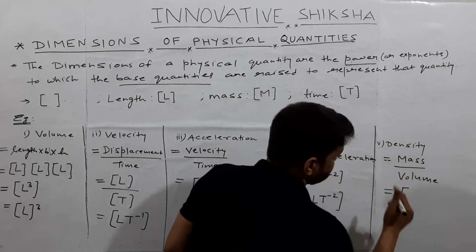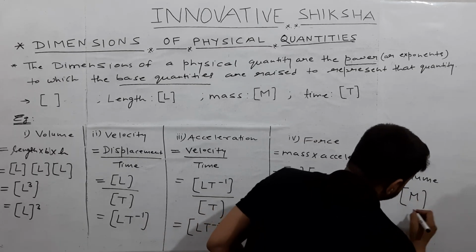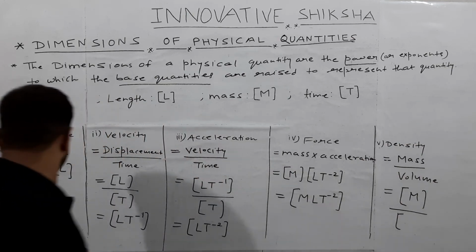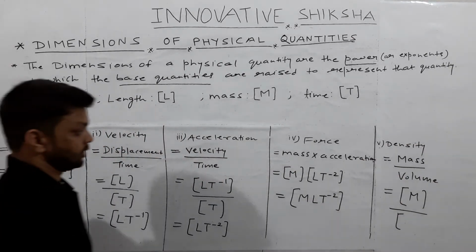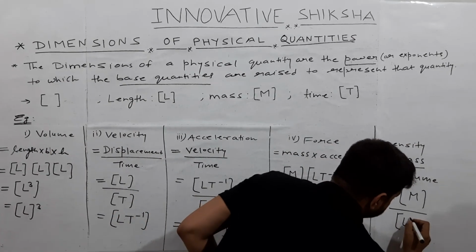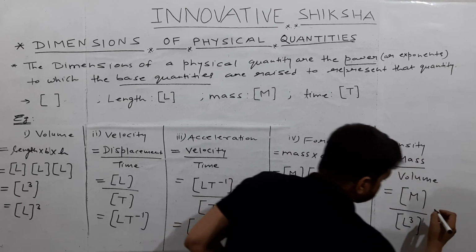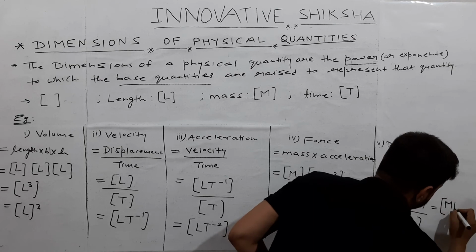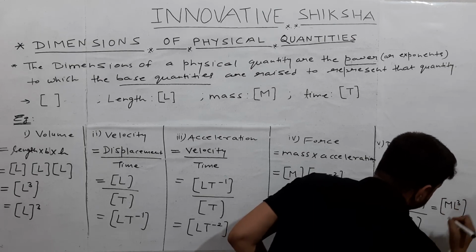So the dimension of mass is M, and the dimension of volume we have already found. You can write from this expression. So this is L cubed. So the answer will be M L to the power minus 3.